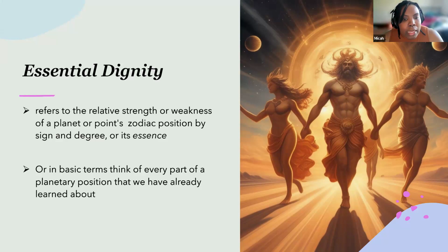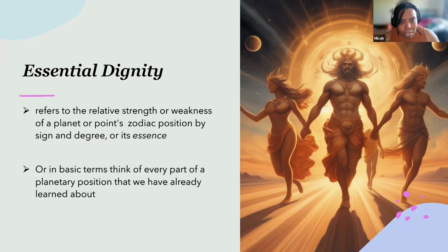If Venus in Pisces is at 10 degrees, and you wanted to dissect how the 10th degree might express itself with Venus in Pisces, then that is also essential dignity.